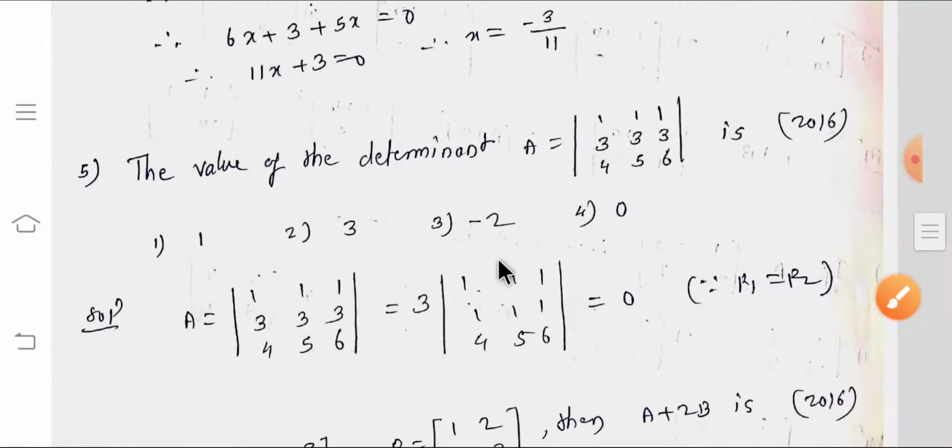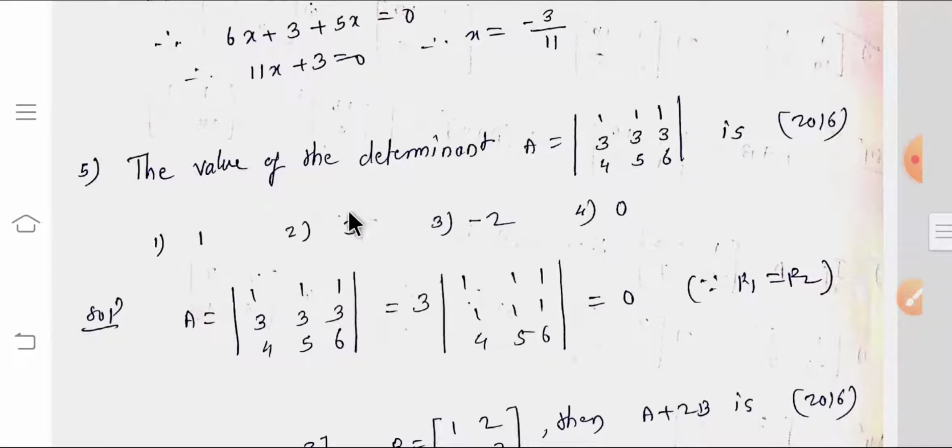Now, the value of the determinant A equals the determinant of [1, 1, 1; 3, 3, 3; 4, 5, 6]. The options given are 1, 3, minus 2 and 0. In this determinant, all the elements of the second row are the same, so taking 3 as a common factor outside from the second row, we get the determinant [1, 1, 1; 1, 1, 1; 4, 5, 6].